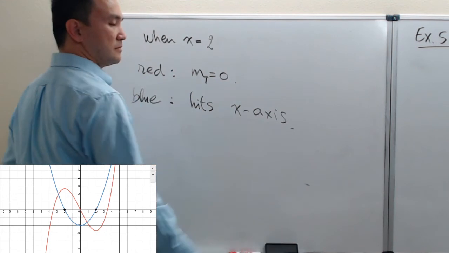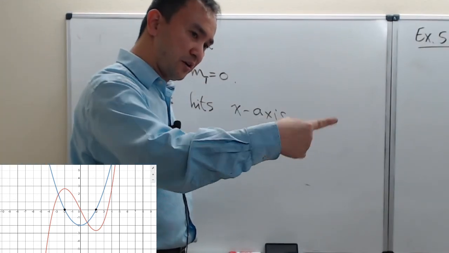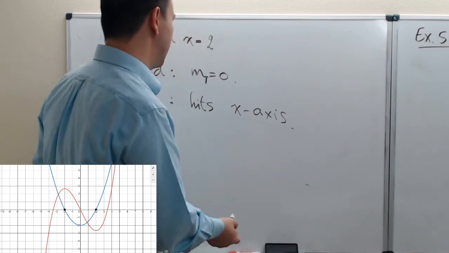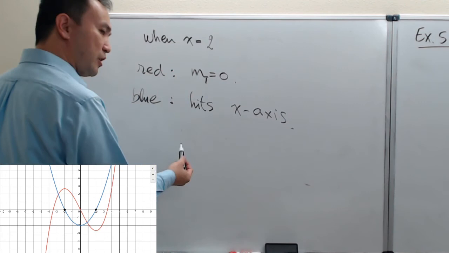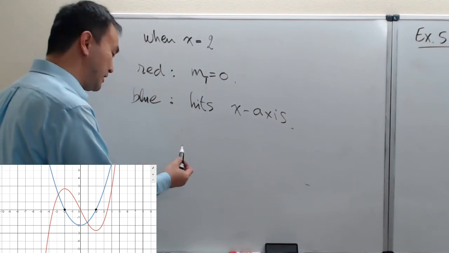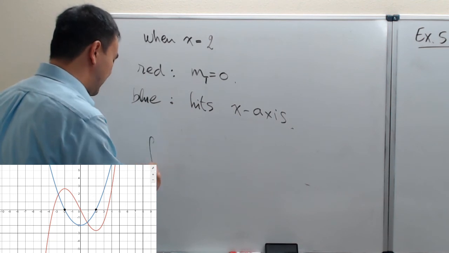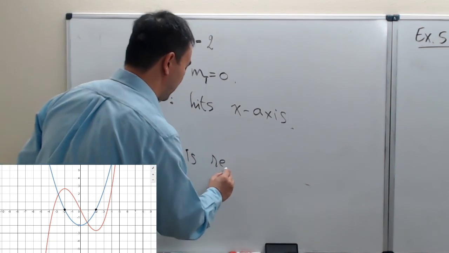Okay? So blue is some function, and either one of these two, blue and red, one of them has to be the actual f. And so observing the behavior like this, I'm starting to suspect that f of x is the red one.